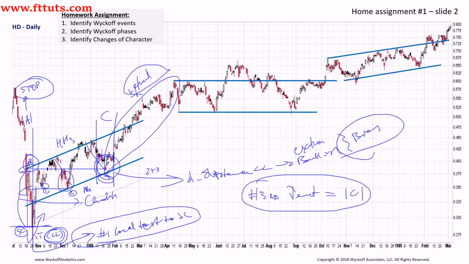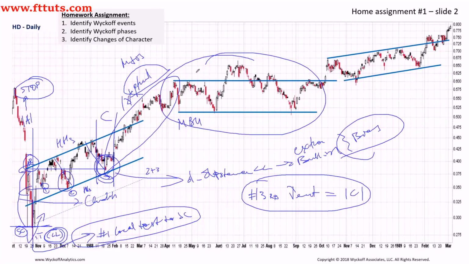Another confirmation that we could have is, after phase C, Philip, what should happen? Phase D. And phase D is going to be associated with the major sign of strength and with the major backing up action, right? I forgot who was asking me about that backing up action, could it be much larger?